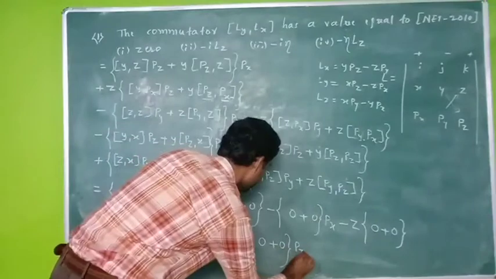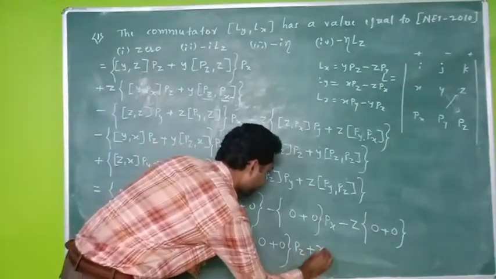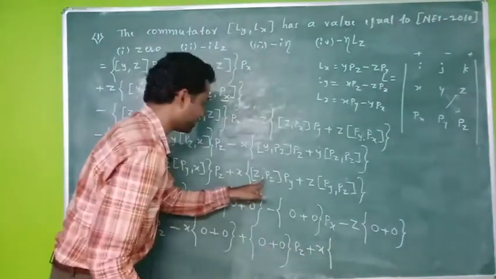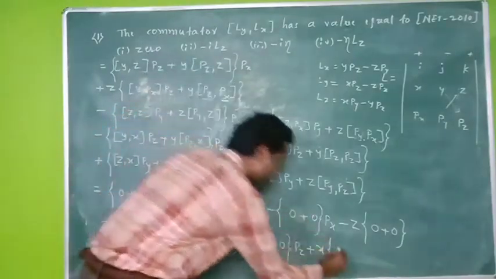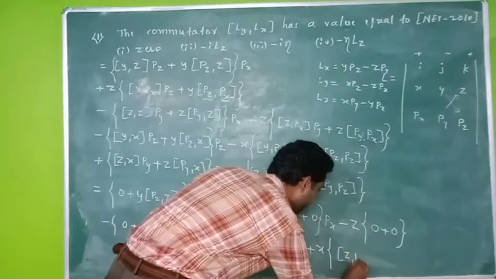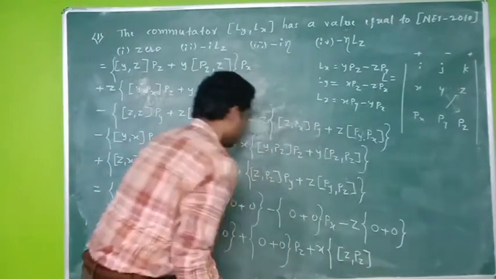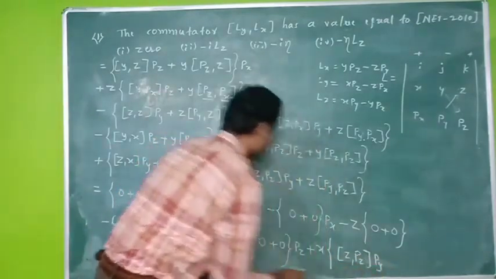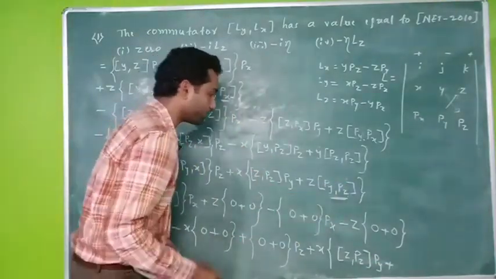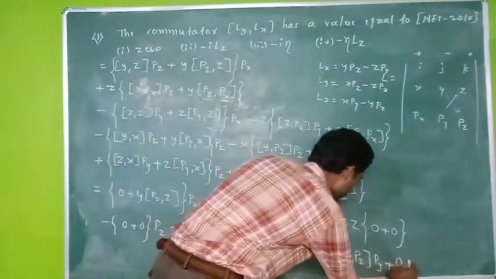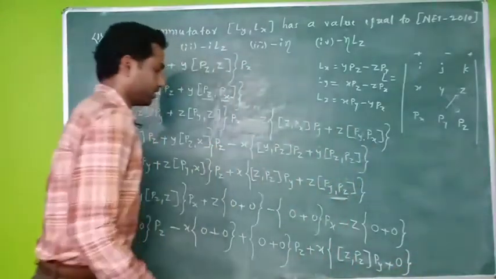into pz plus x into this one, I don't know the value of this one, commutator of z and pz into py, plus, so this one depends on different independent variables, therefore this becomes equal to 0, right.